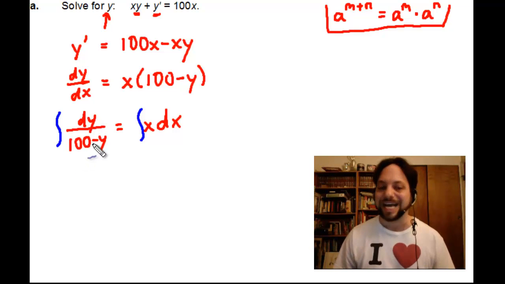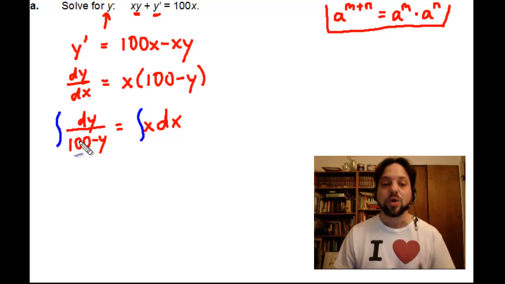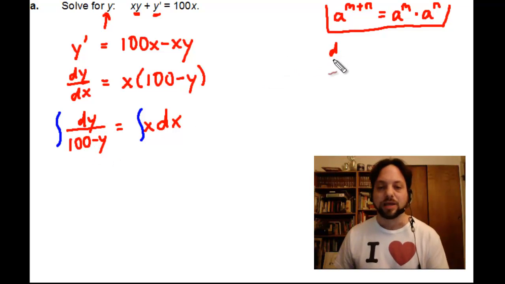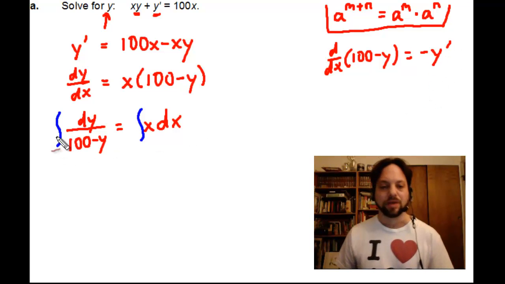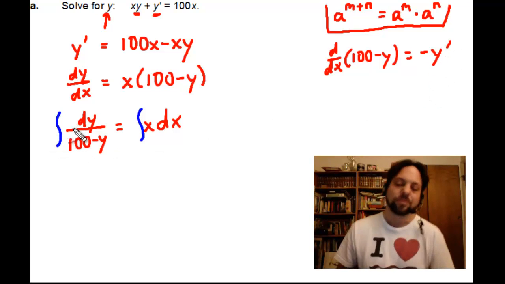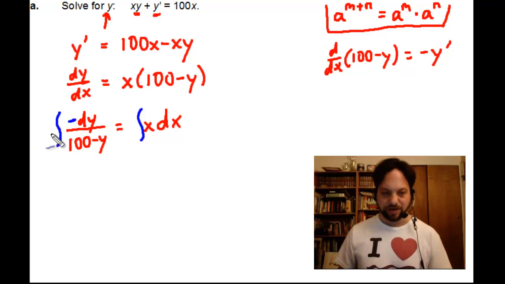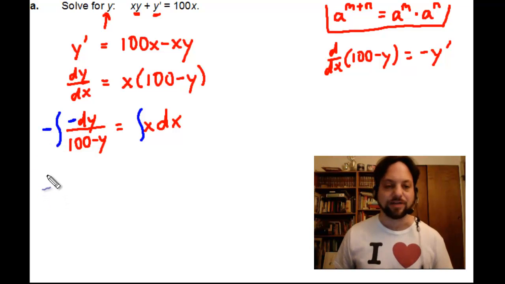The top is not exactly the derivative of the bottom, because what is the derivative of 100 minus y? In other words, the derivative with respect to x of 100 minus y is actually going to be negative y prime, and we do not have that here. So what we're going to have to do is introduce a negative on top, balance it with a negative outside, and now we can go ahead and integrate.